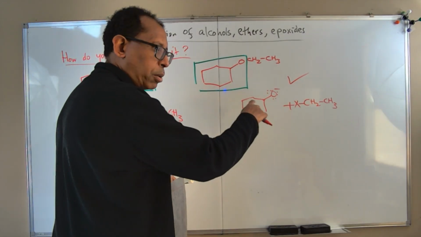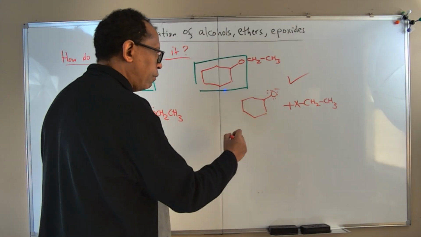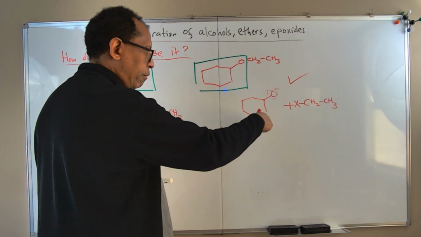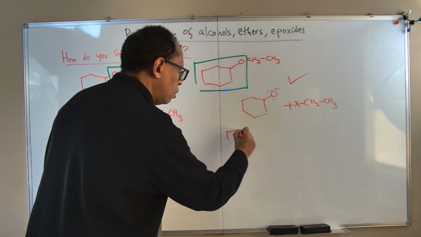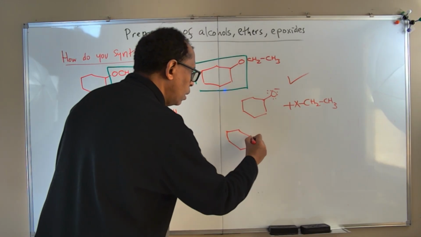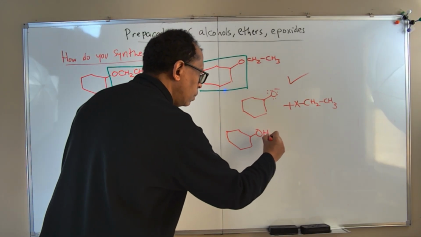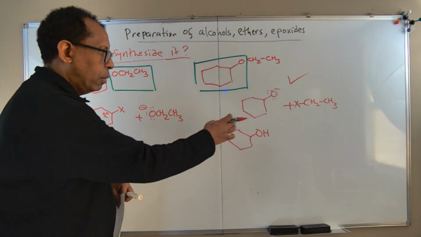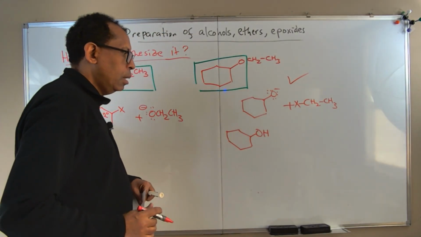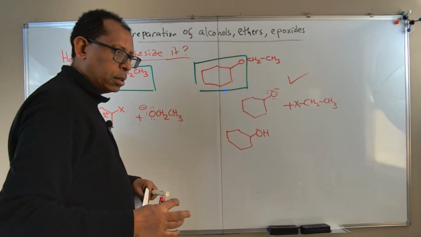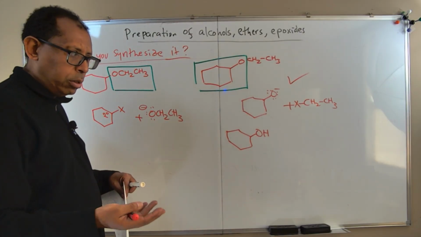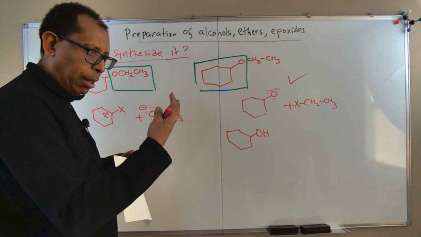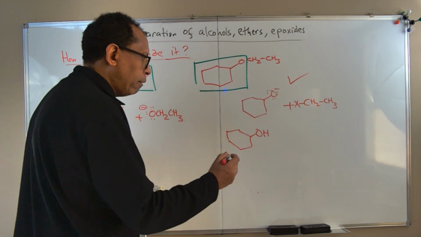For most alkoxides, for example, if you want to generate an alkoxide of this type, what you need to do is start from the alcohol first, before you even do that reaction, to just generate this. These are generated in situ. That means in the reaction itself.